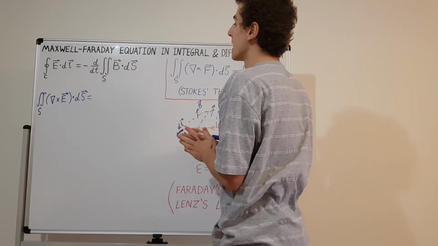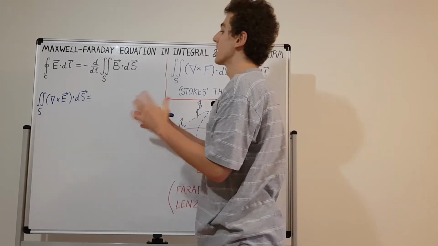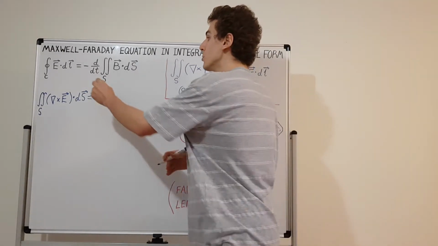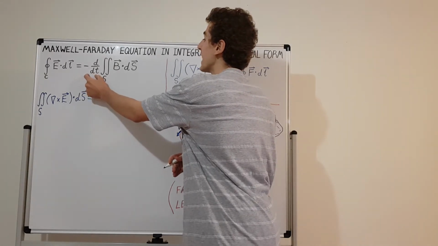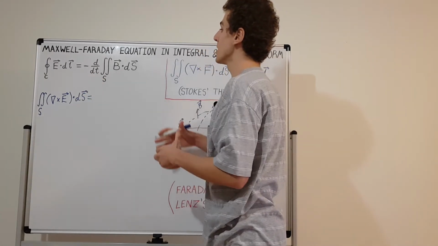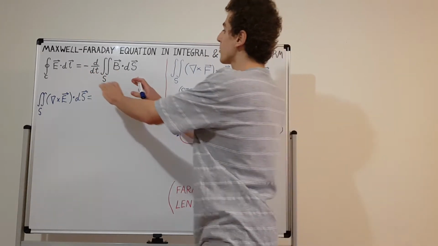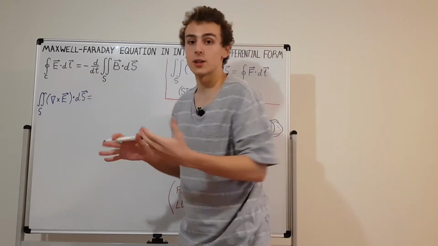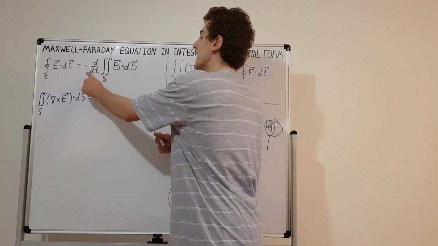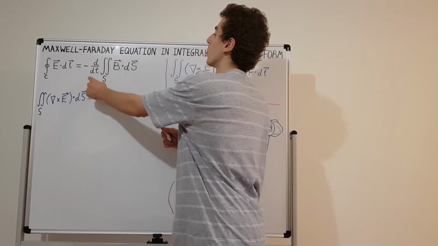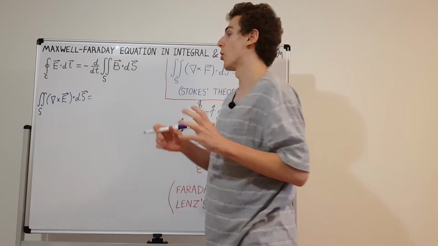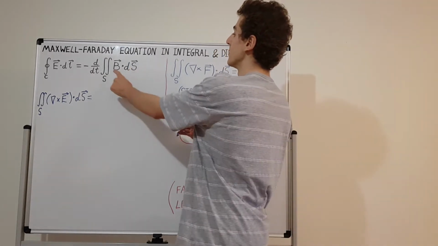I'm going to use some laws from the fundamental theorem of calculus. I'm going to move this derivative inside the integral. So I'm going to do some differentiation under the integral. I'm going to move this inside here. And if you're familiar with some of this multivariate vector calculus, you'd realize that this has to turn into a partial derivative when it comes inside and acts on the B field, on this B vector.